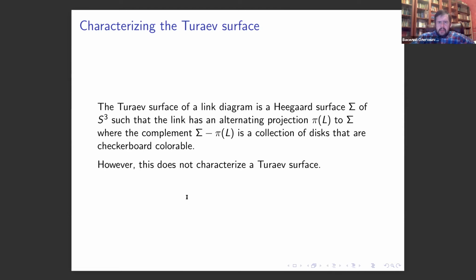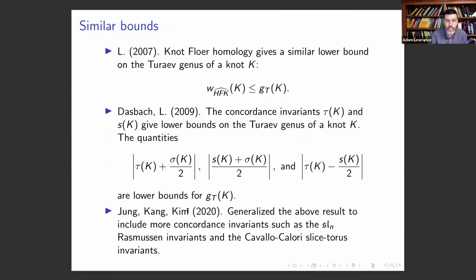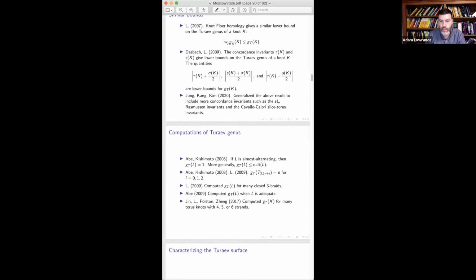Excuse me, can you provide us the reference to Juhász and Kim for the sl_n Rasmussen invariant? You mean the reference for this paper? Yeah. I can in one second.